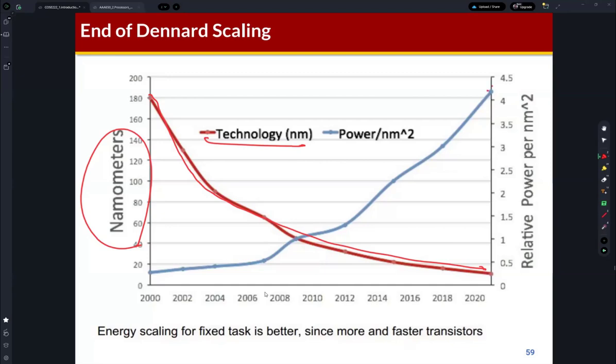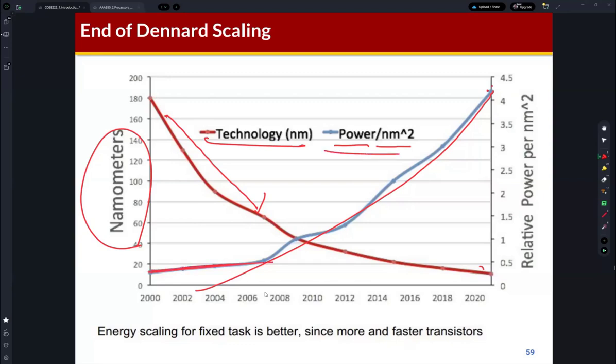And this blue line represents the power consumption divided by square nanometer, so it means the power consumption in the same chip area. You can observe that when the technology node is advanced, which means that the transistor size is reduced, the power, this is called the power density, is nearly the same.